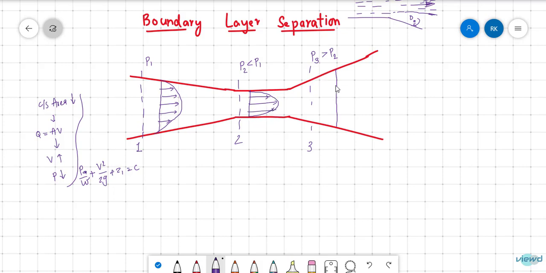Then what about at section 3, in the diverging section? Here, at this point, let us say the velocity profile is in this way, and when it travels more distance in this direction, the velocity profile changes this way.